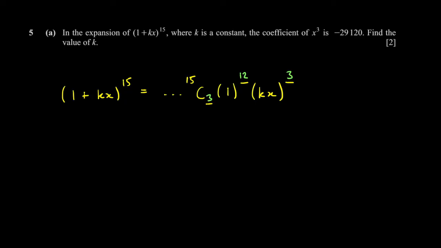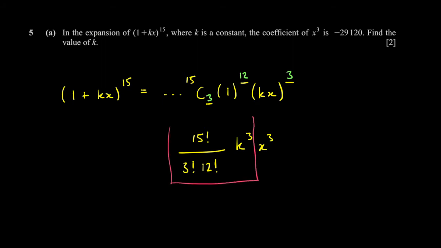Okay, so then if we were to expand this, we would get 15c3, which is the same thing as 15 factorial over 3 factorial, 15 minus 3, which is 12 factorial. 1 to the power of 12, beg your pardon, is just 1. And kx cubed is equal to k cubed x cubed. So then this whole thing here is going to be the coefficient of x cubed.